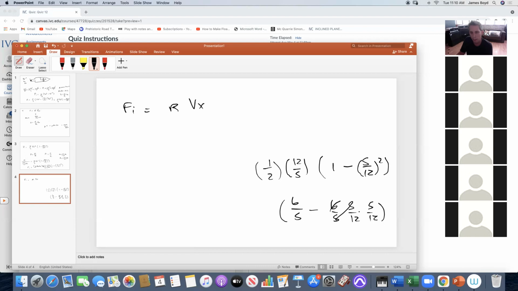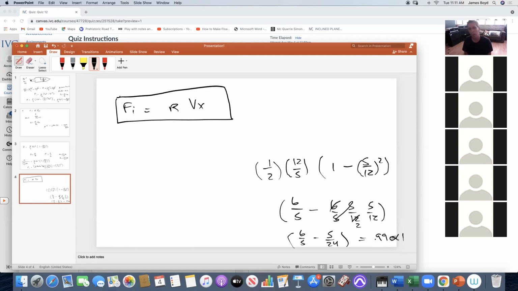These cancel, this becomes 1, this becomes 2, and what I get is 6/5 minus 5/24. If you do this on your calculator, you're going to get 0.99, which is approximately 1. And we're going to assume it's 1, and we are all good. This is what we have.